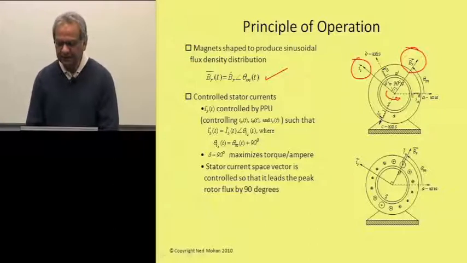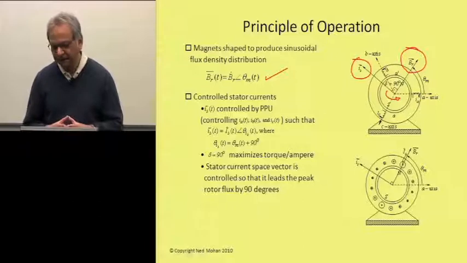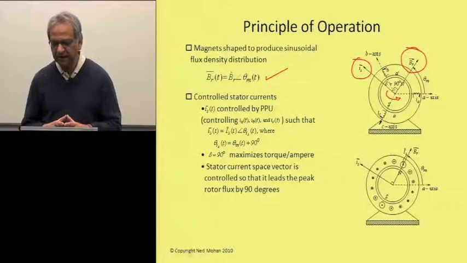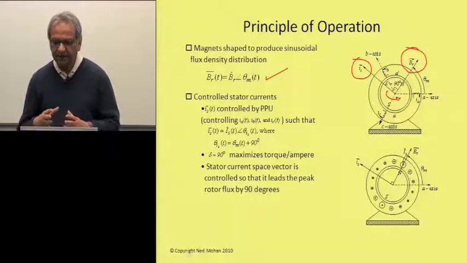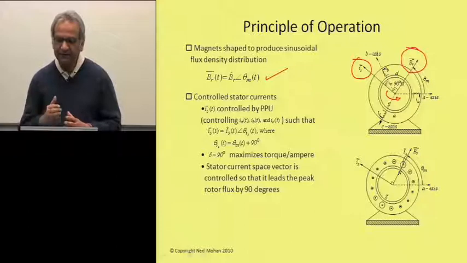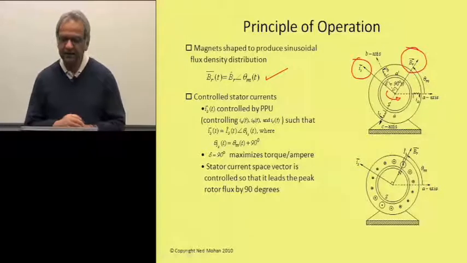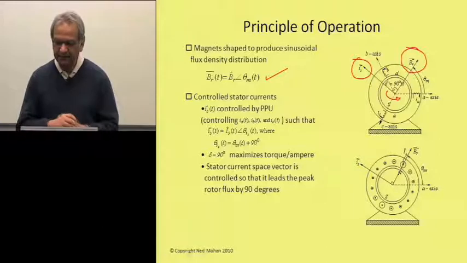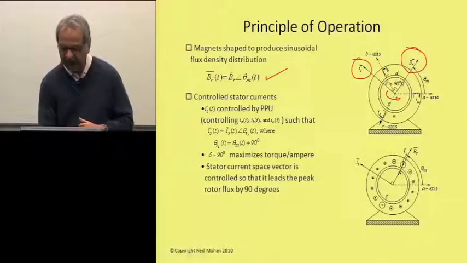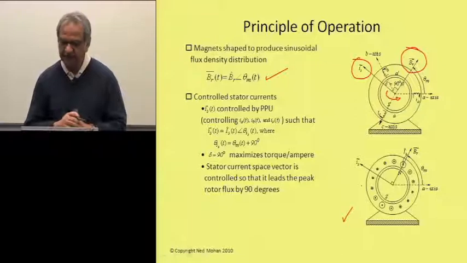That is, it is representing a hypothetical winding which has an orientation such that its MMF is along the stator current space vector, and it is sinusoidally distributed as shown in this diagram over here.